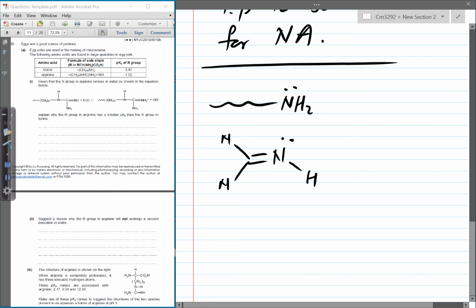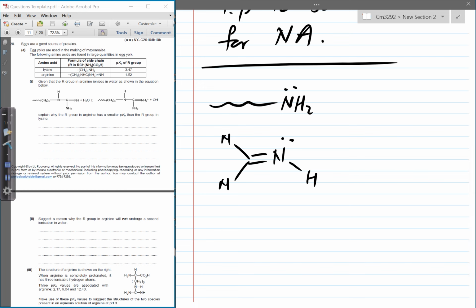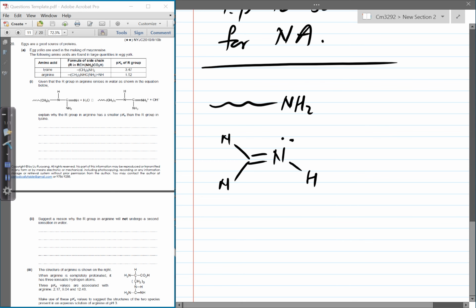Right? So instead of talking about the availability of the lone pair, you can talk about the stability of the conjugate acid, right? By first protonating them. So if you protonate lysine, this is what you will get. If you protonate arginine, this is what you will get, right? So now the question is, which one is more stable?